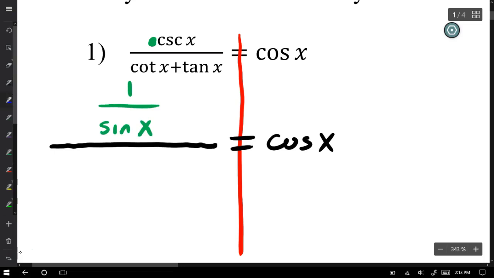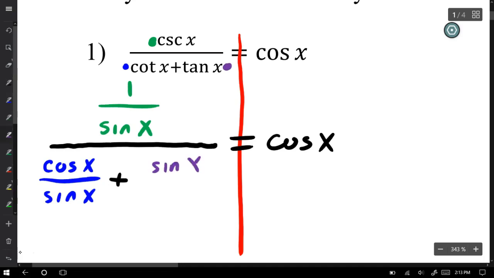I'm going to change my cotangent of x into cosine of x over sine of x. And I'm going to change my tangent of x into sine of x over cosine of x.